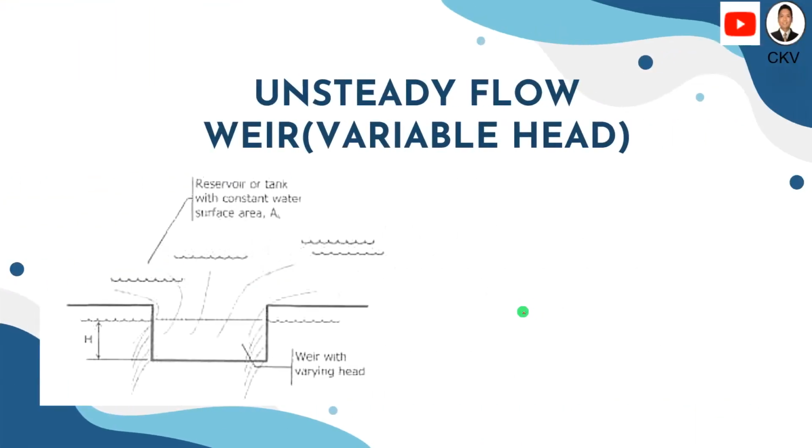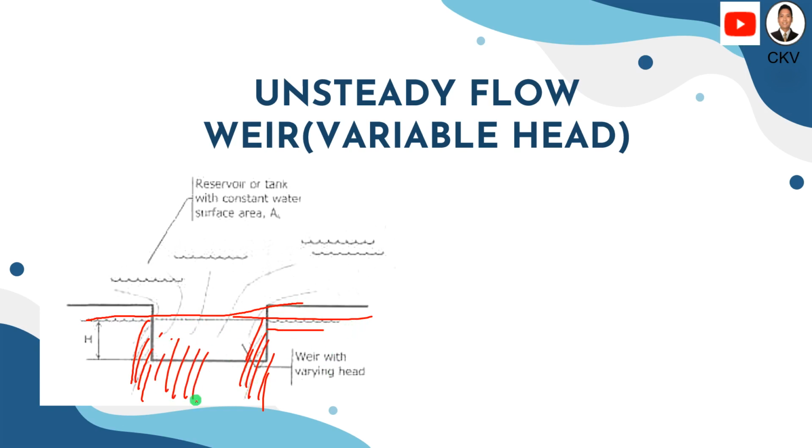For unsteady flow over a weir with variable head, it means that if we have a weir here, as the fluid flows over this opening, the head of the liquid changes with respect to time.